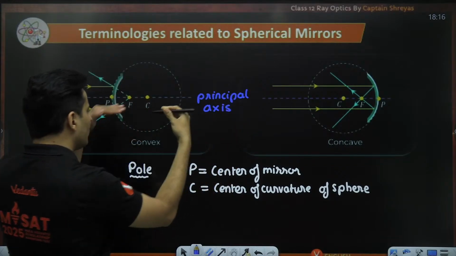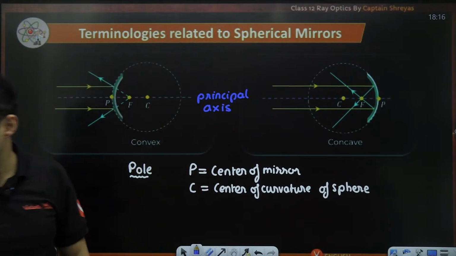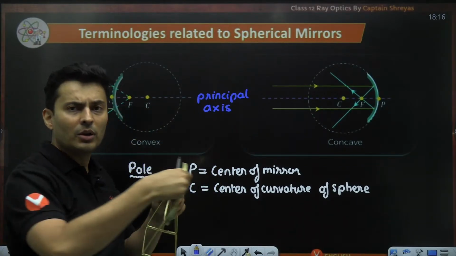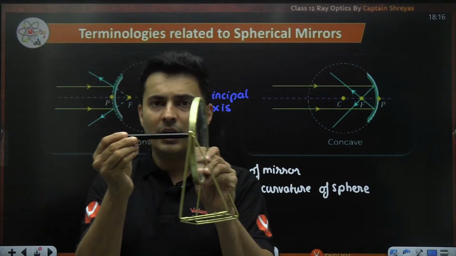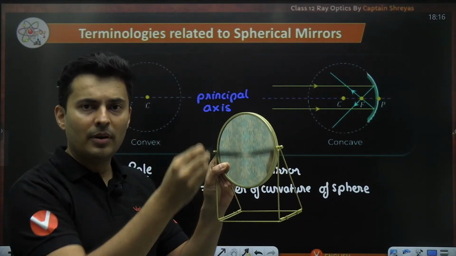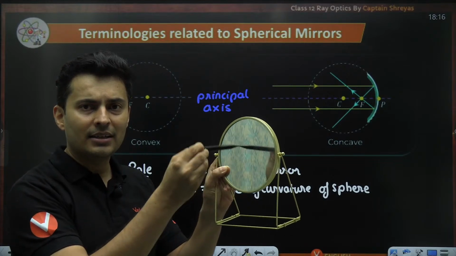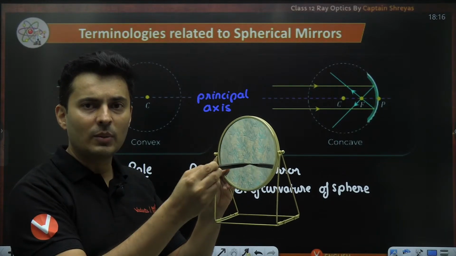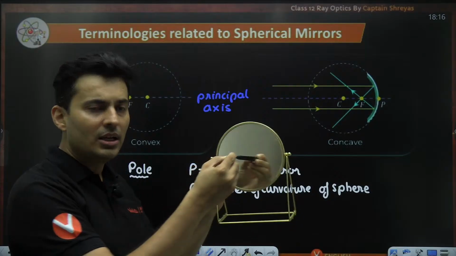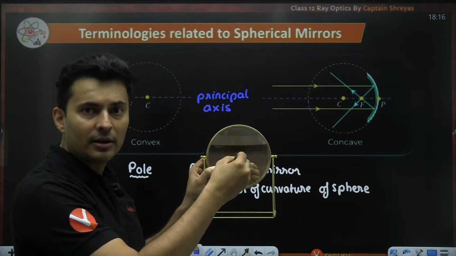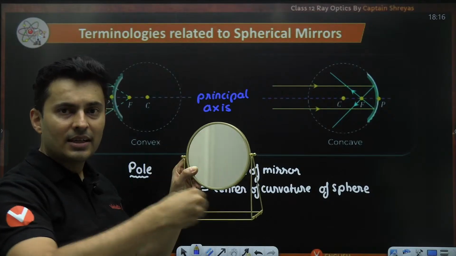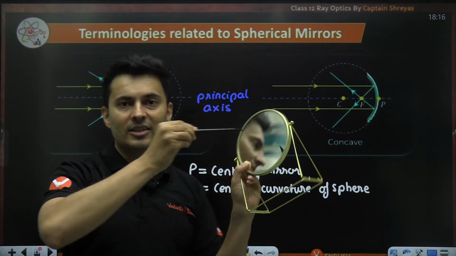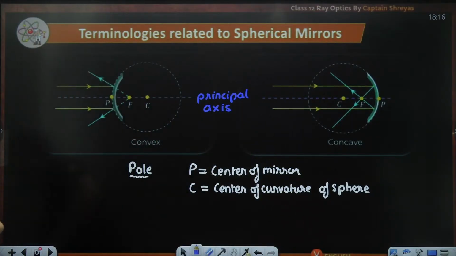The principal axis also divides the mirror into 2 parts, up, bottom, left, right, whatever you want to say. Right now this pen represents the principal axis. I hope you are able to visualize it, equidistant from all the sides. It is exactly the perpendicular drawn to the mirror, passing through the center and the pole. It is like a symmetrical axis to that particular mirror.